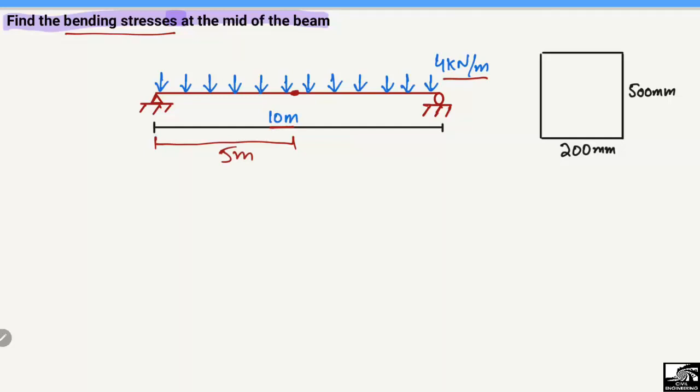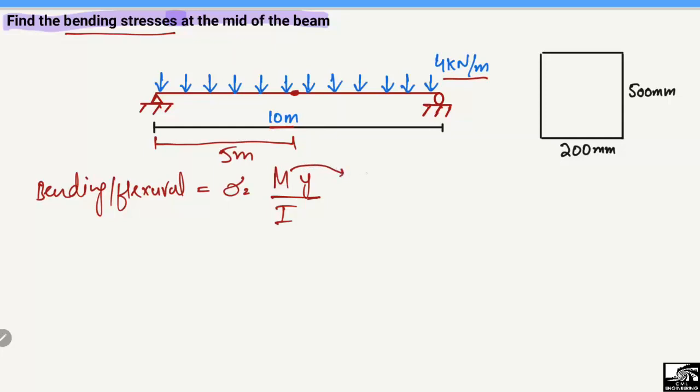So to find out the bending or the flexural stresses, we can use this formula, which is equal to M y over I. Now we know we have to find out the moment. M is here moment.